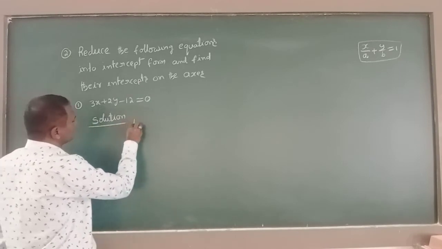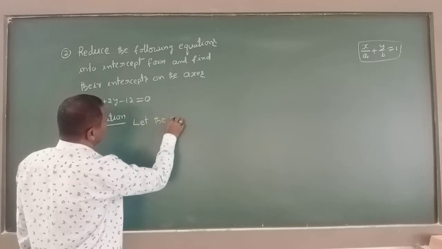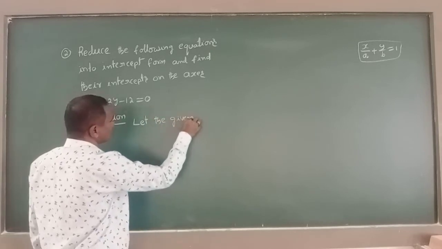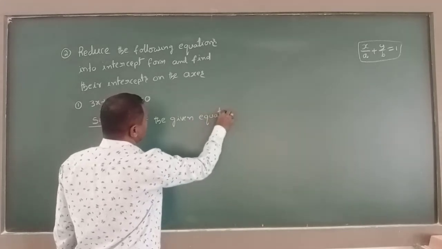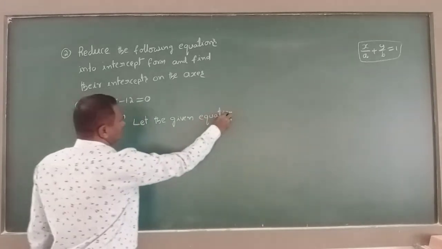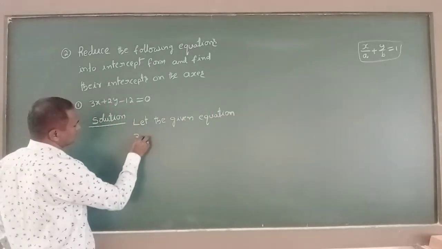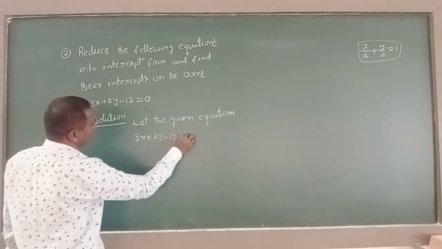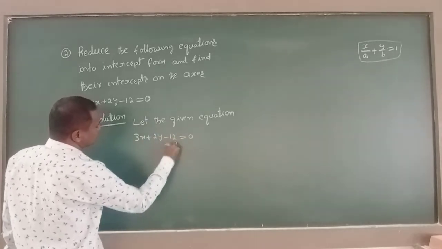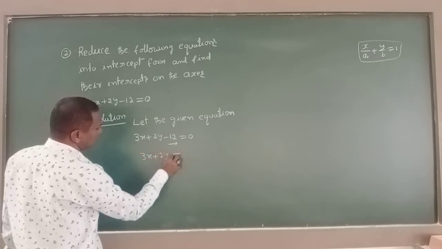Let the given equation be 3x plus 2y minus 12 is equal to 0. Send minus 12 to that side: 3x plus 2y is equal to 12.